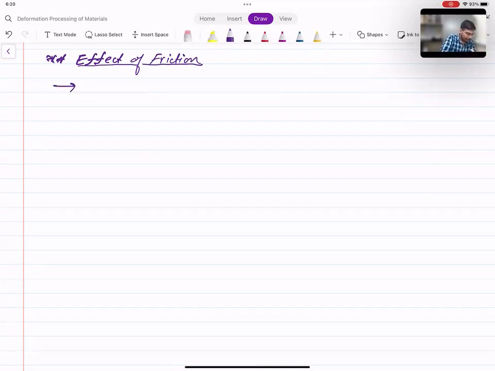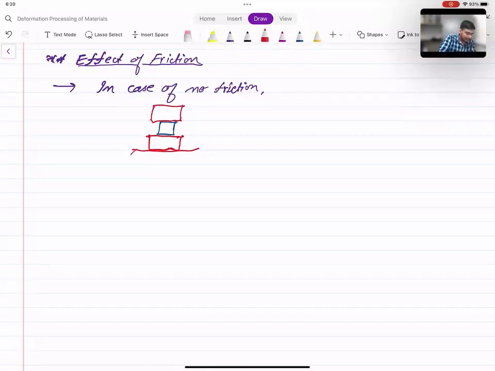So in case of no friction, what happened is, suppose we had the die and we had the workpiece like this. Upon forging, simply the height got reduced and the diameter got increased.